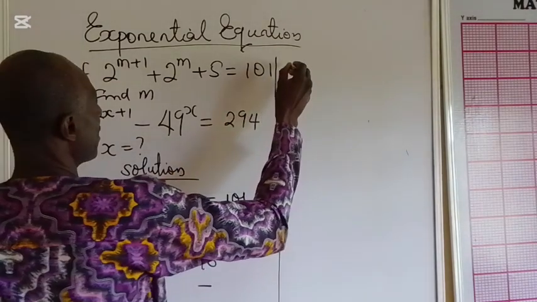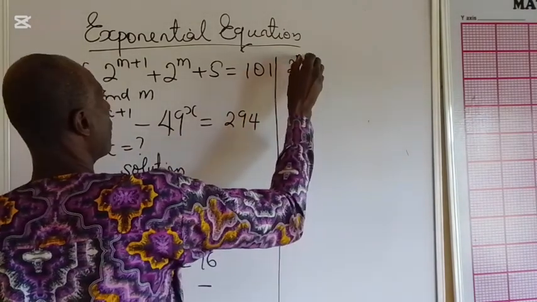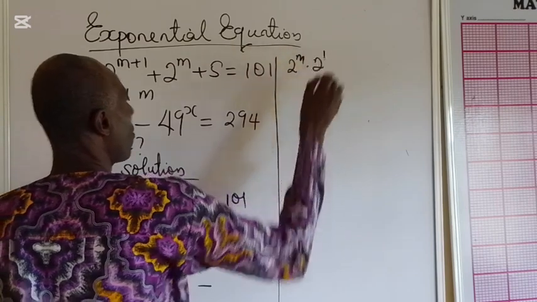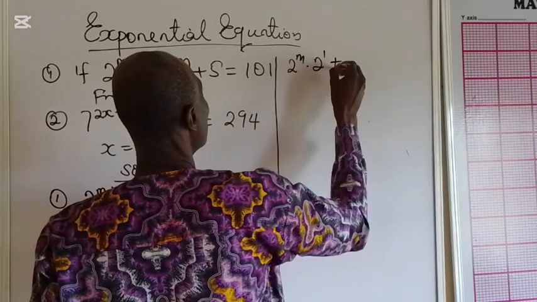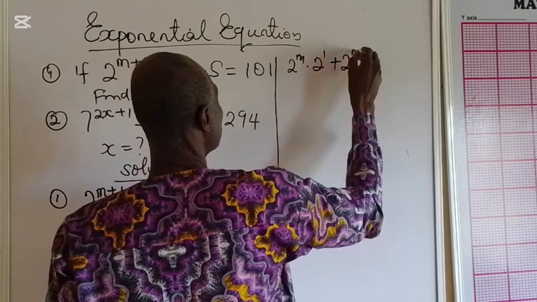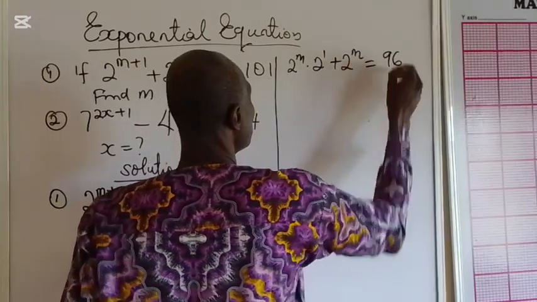I can now write like this again. 2 raised to power n times 2 raised to power 1. Breaking this down gives us 2 raised to power n plus 1. Plus 2 raised to power n is equal to 96.